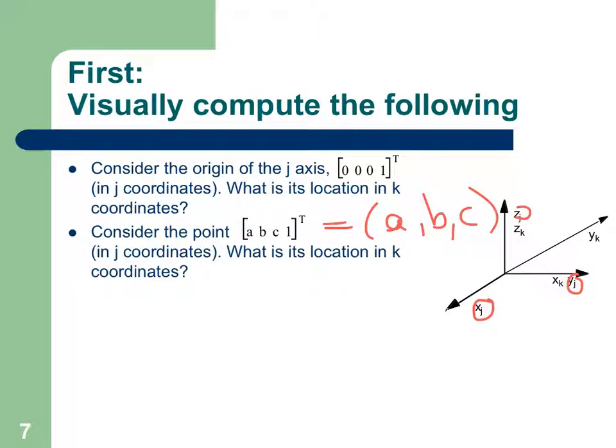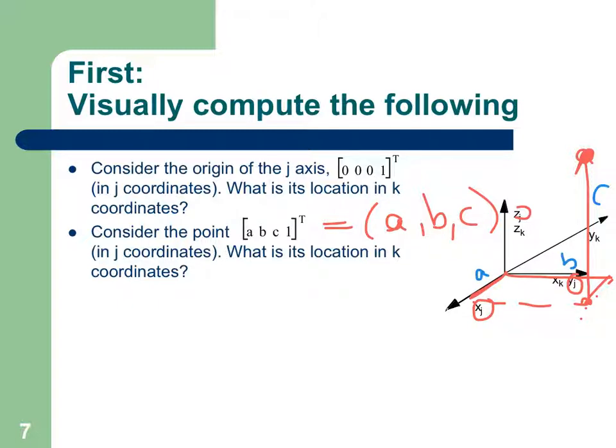So maybe we go A units out along the x-axis and B units along the y, and then we go up to this point by C, right? So let's color that in. So we went A along the x-axis and B along the y-axis and C along the z. Where do we end up if we're in the K coordinate frame, right?